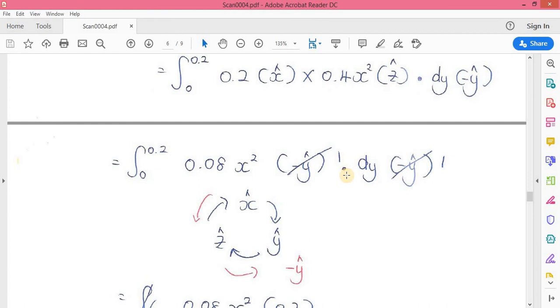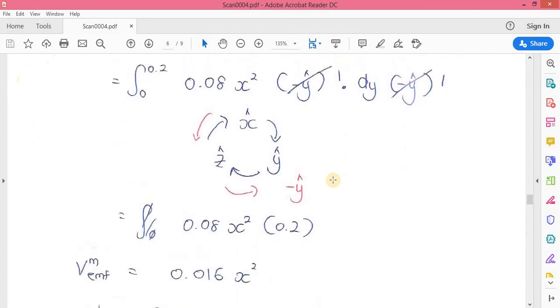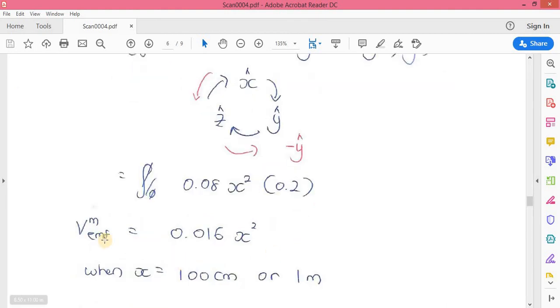When this negative y is dotted with the negative y here, you will get 1. So the integral will become something like this. This is x, not y, so it will just remain. After you integrate, you will get another 0.2 here, and the equation for the motional EMF will be this one.